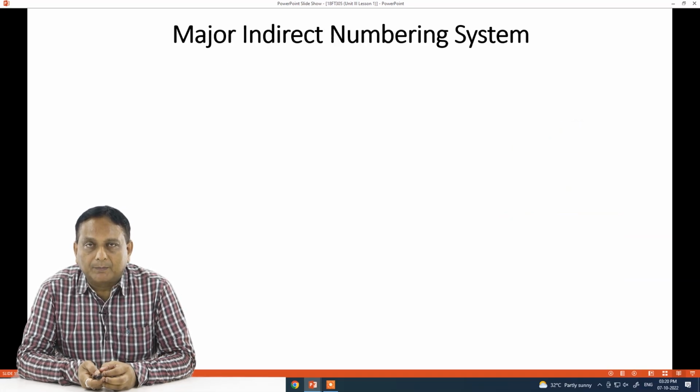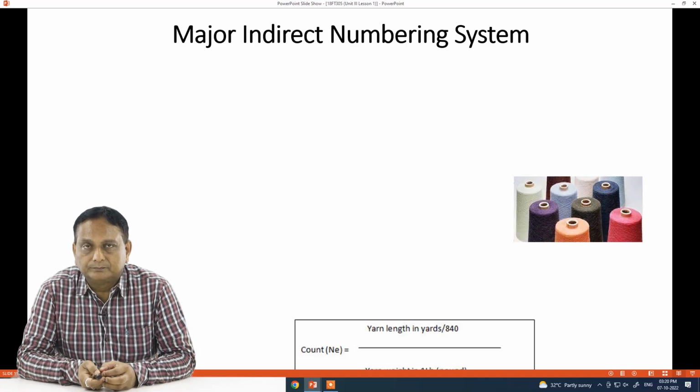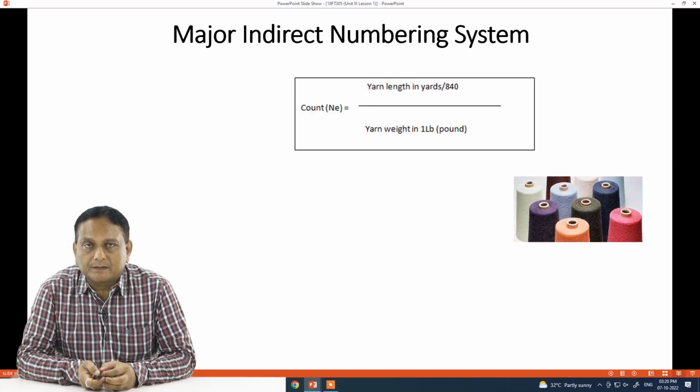If we take the major indirect numbering systems as examples, what are those? One is the cotton count, also called English count, NE. The yarn length is given in yards per 840 and the yarn weight is 1 pound. In this fashion the indirect system goes.